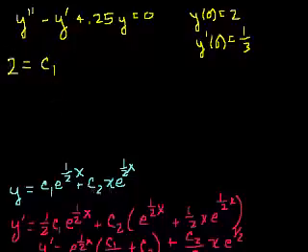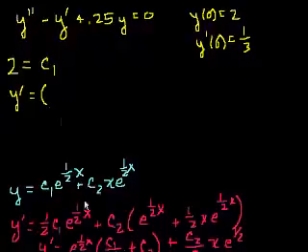And now we can use the derivative. This is the first derivative. I'll substitute C1 in there so we can just solve for C2. So our first derivative is y prime is equal to C1 times 1/2 plus C2.